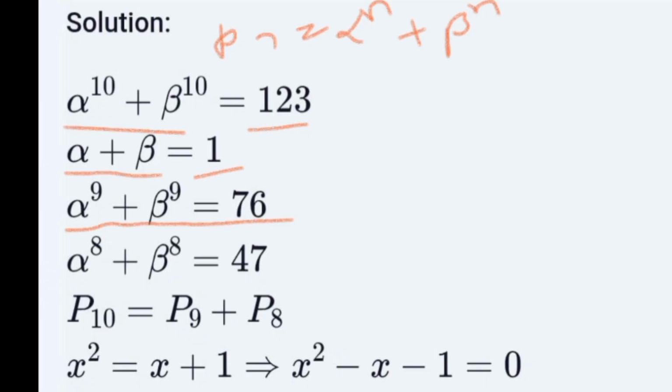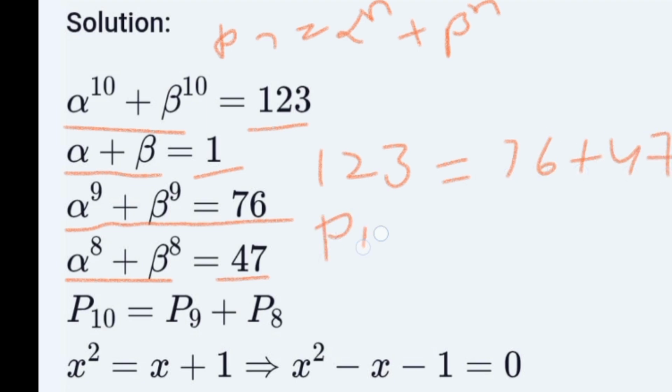P8 is 47, so alpha power 8 plus beta power 8 is equal to 47. Here 123 is equal to 76 plus 47. That means P10 is equal to P9 plus P8.